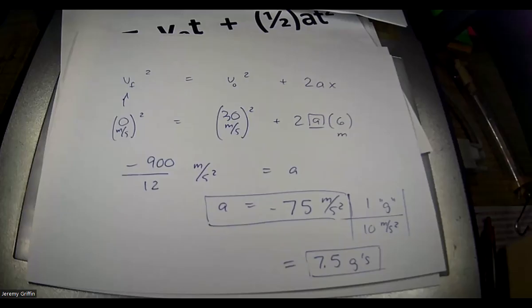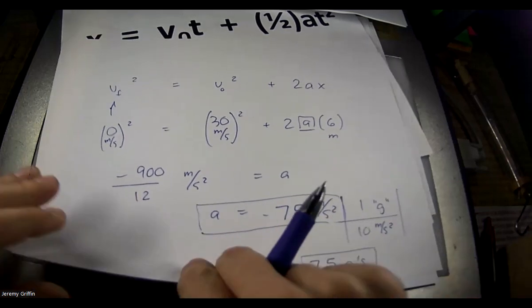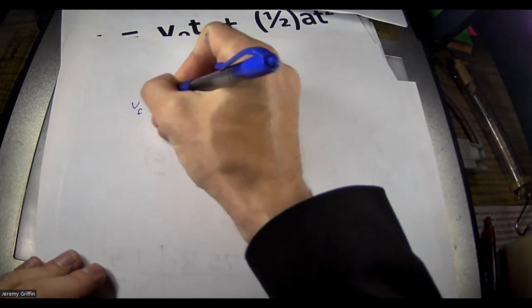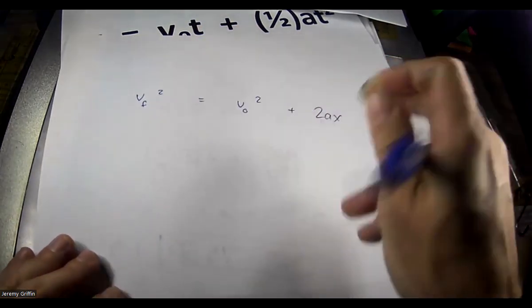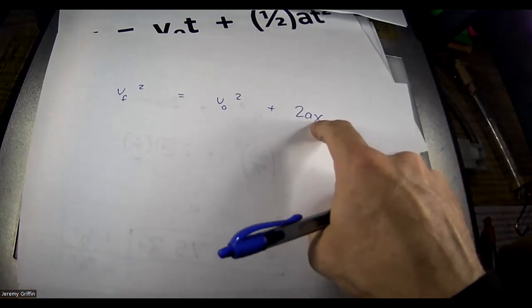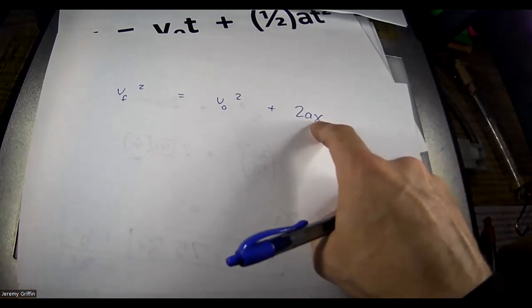All right, so let's flip this back over. Let's see what the G force is on this guy. Again, he ended up being perfectly fine, so pretty lucky guy. Let's go final velocity squared equals initial velocity squared plus 2ax. Now remember, if you triple that distance of collision, you get a third of the G's.